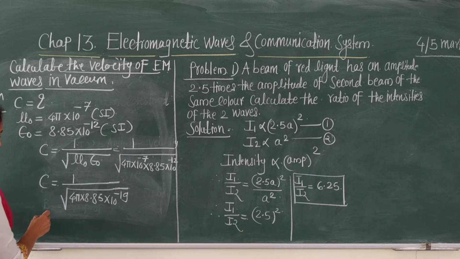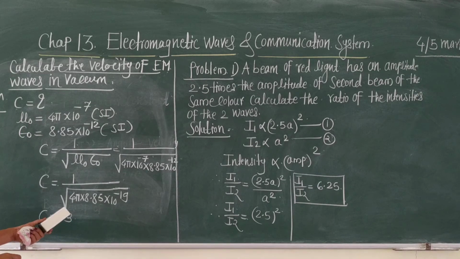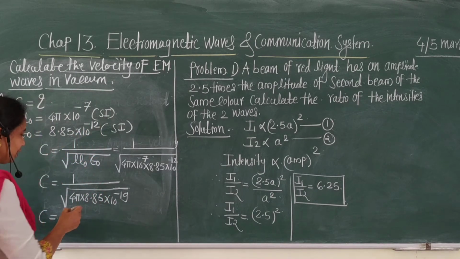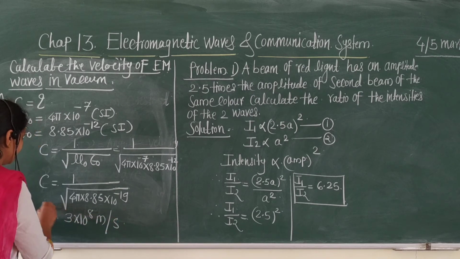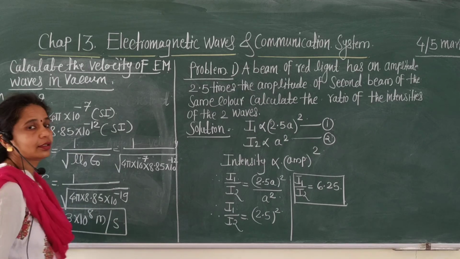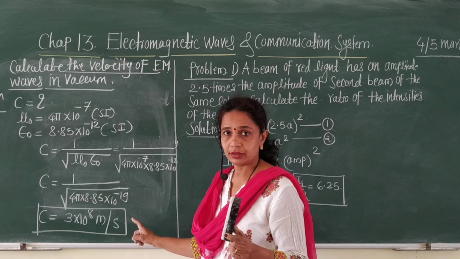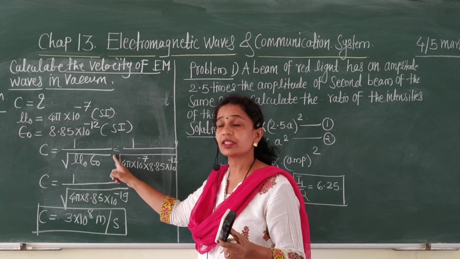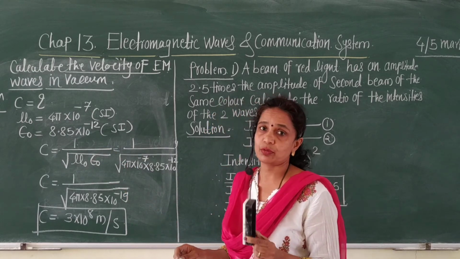If you calculate this, the answer becomes, you know, the velocity of light in vacuum: 3 into 10 raised to 8 meters per second. This is how we solve the problem. c equals 1 upon the square root of mu naught into epsilon naught.